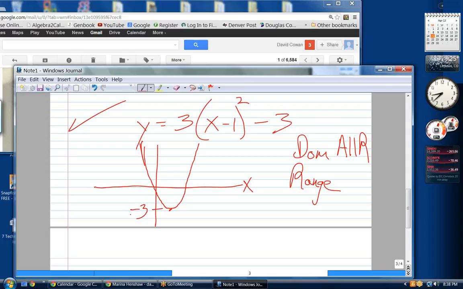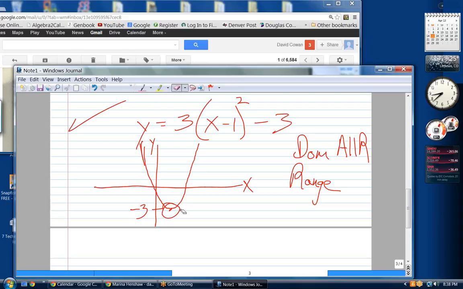What are all possible values of y? From 0 to infinity. Well, I'm looking at a y here that's minus 3.